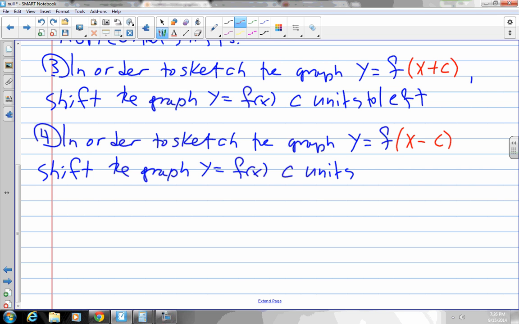Then shift the graph c units to the right. Again, you mess on the inside, you mess with the independent variable, changes occur horizontally in an opposite kind of order. So if you subtract, you go to the positive side. So you have to offset what you just did. When you mess with the domain, the domain shifts in the opposite direction. So that's 4 out of 10. Well, that's good. Let's do an example.